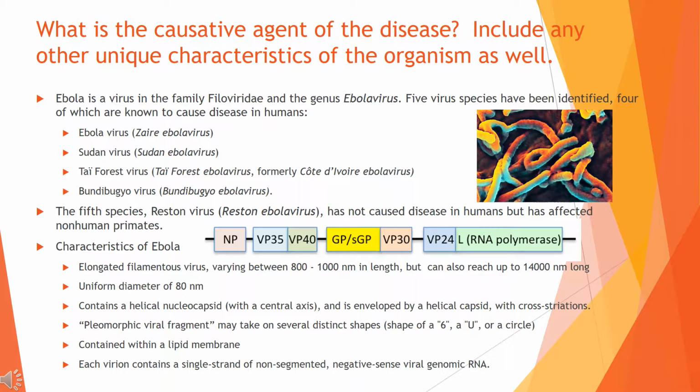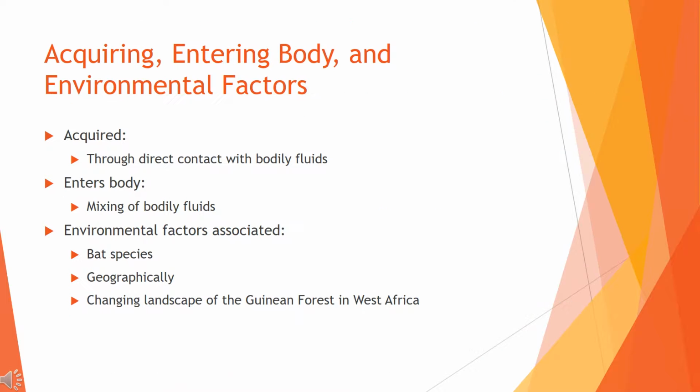As you can see by the genome, the gene order is a 3-letter leader, NP, VP35, VP40, GP/SGP, VP30, VP24, L, trailer 5. The leader and the trailer are non-transcribed regions, which carry important signals to control transcription, replication, and packaging of the viral genomes into new virions.